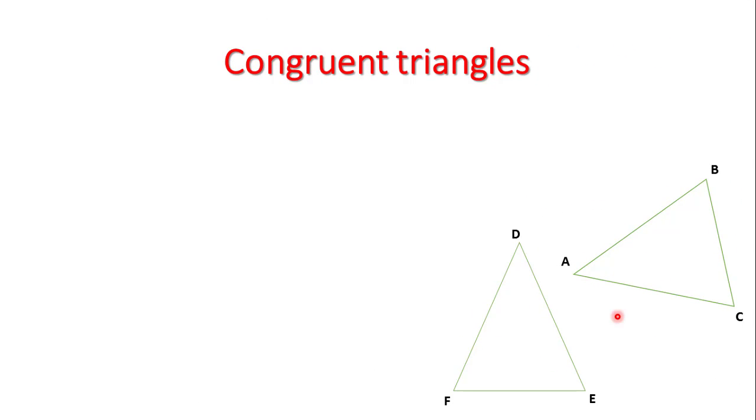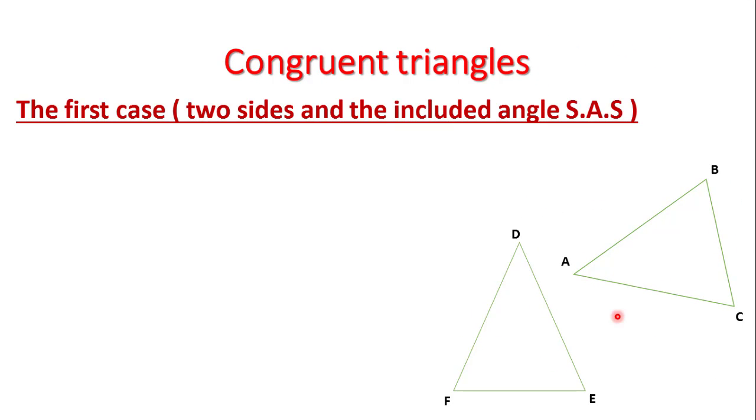The first case, 2 sides and the included angle. It means we have 2 corresponding sides which are equal in length, and also we have the angle in between. Let's see, for example, we have 2 triangles. The side AB is congruent to the side DE, also AC is equal in length to DF.